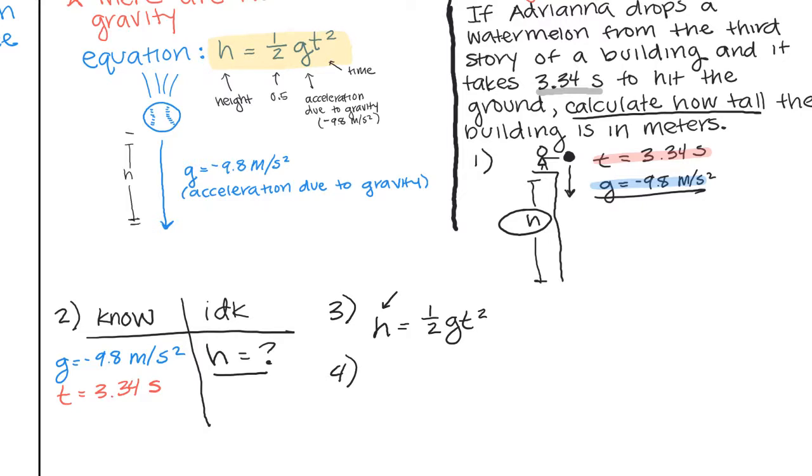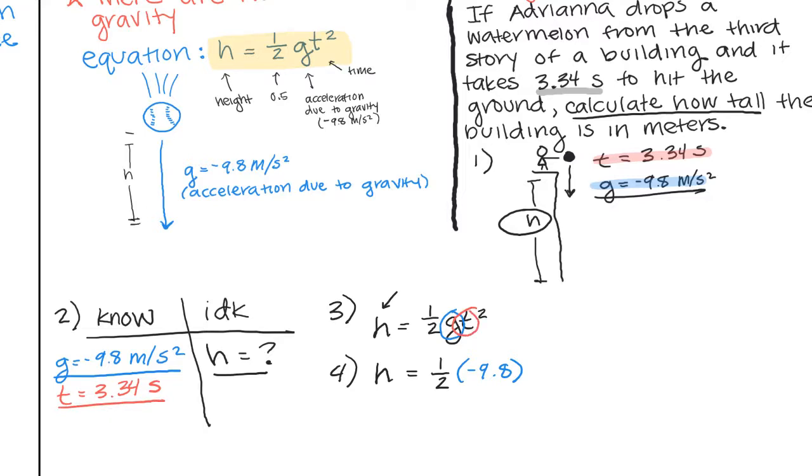So step number 4 is to start plugging things in. I'm going to rewrite H because I don't know what H is. I'm going to keep the 1/2. That will always stay the same. I can plug in my value for G because I know what G is. G is equal to negative 9.8. Okay. I can also plug in my value for T because we know what T is here.